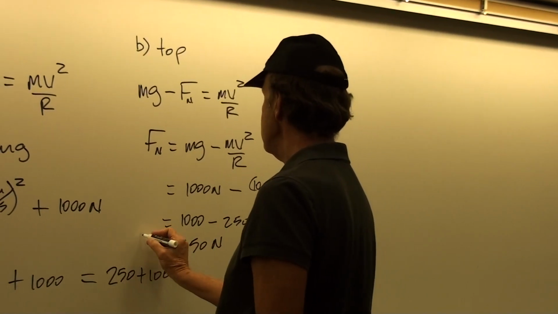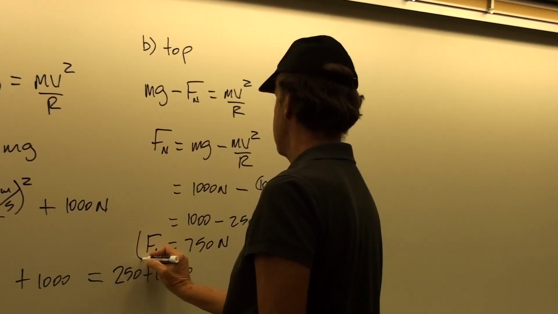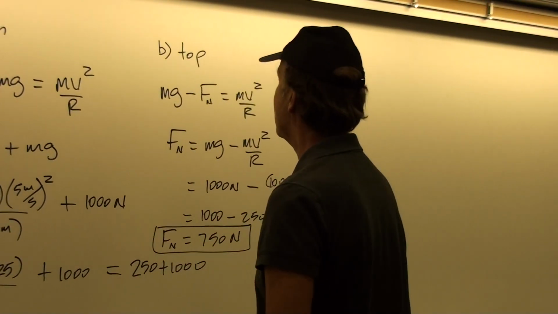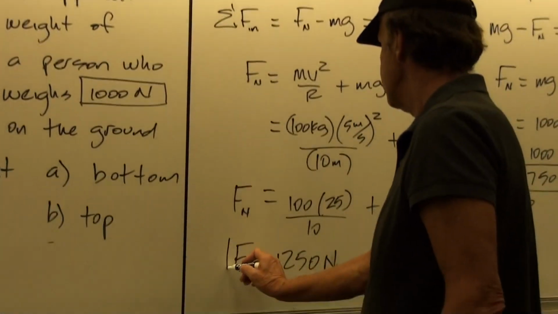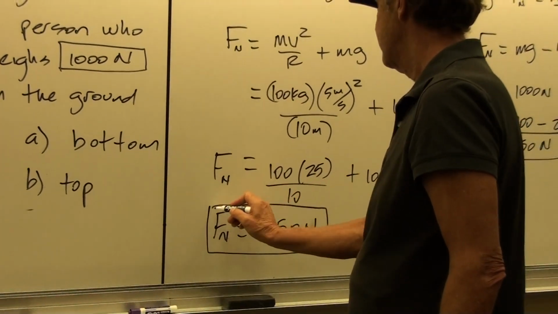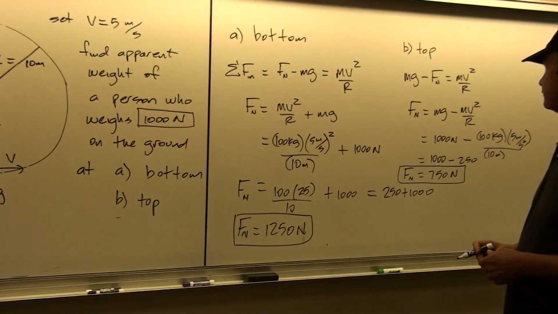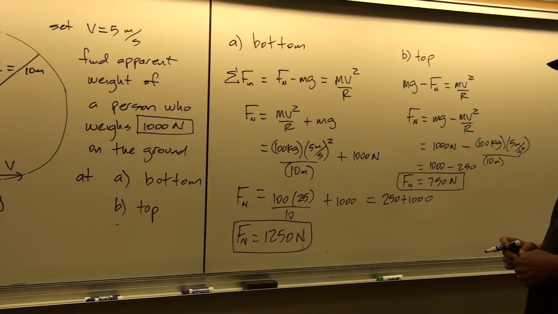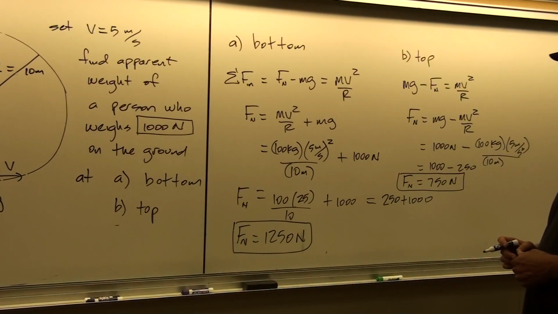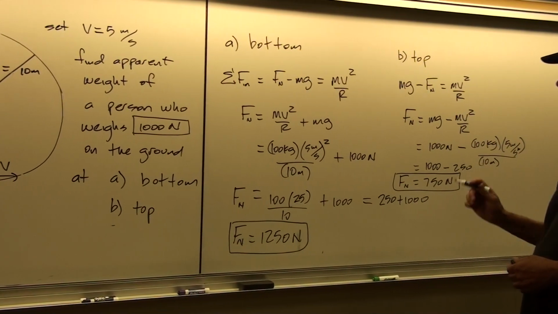So that's a decrease of about 25% in the apparent weight at the top, whereas at the bottom, we had an increase of about 25% in the apparent weight due to the acceleration. So that's the way to handle a problem like that.